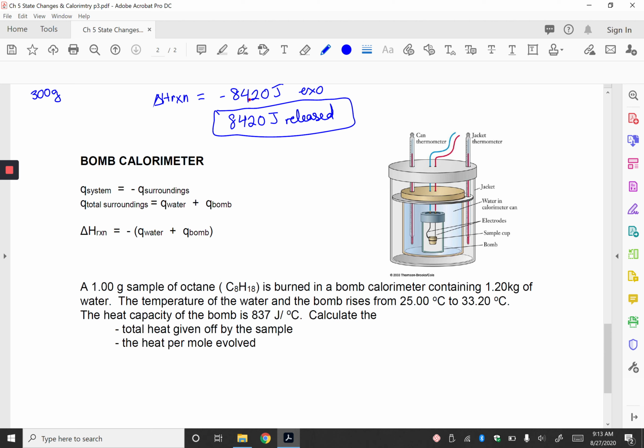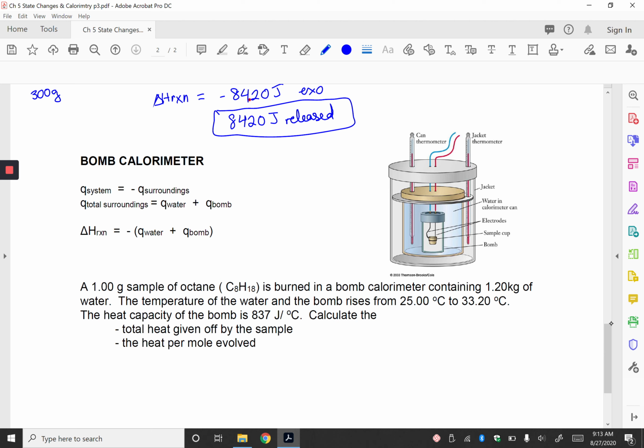So what they do is they dehydrate the apple, and then they put it in here, and this is connected usually to oxygen or something like that. And then that chamber is surrounded by another chamber that has water in it with a thermometer, and then that is insulated from the outside.